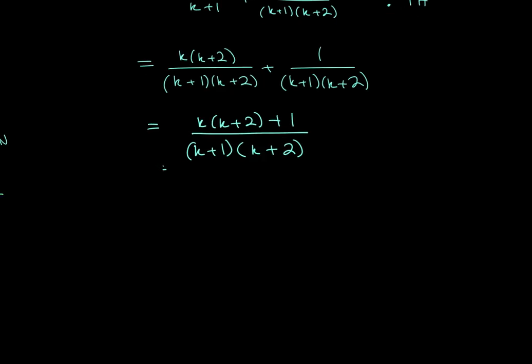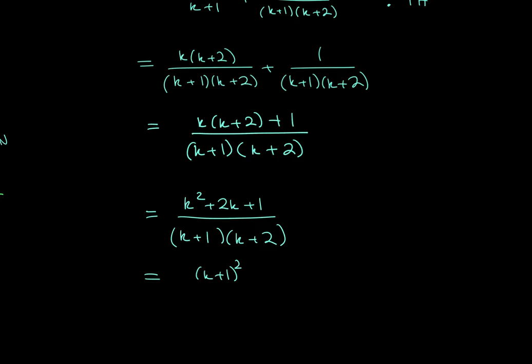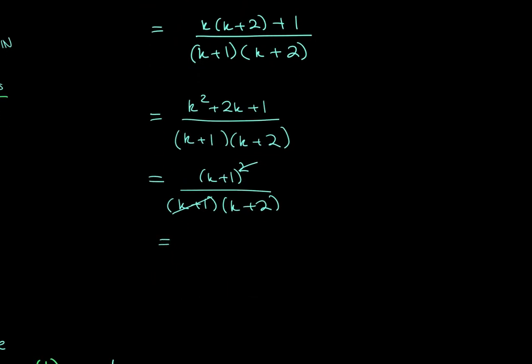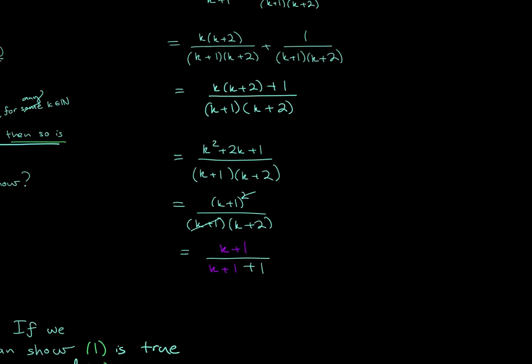This is equal to k squared plus 2k plus 1, all divided by k plus 1 times k plus 2. This always blows my mind. And that's the same thing as k plus 1 squared through factoring, all divided by k plus 1 times k plus 2. One of these guys cancels. And what we have is indeed that is equal to purple, k plus 1 divided by, my favorite way to say k plus 2, k plus 1 plus 1.